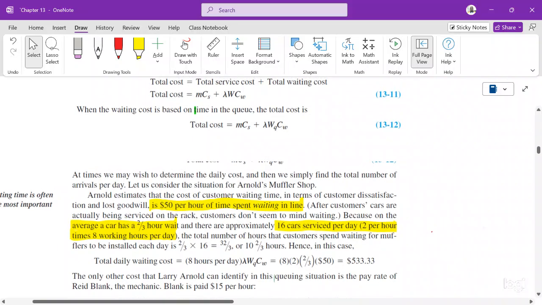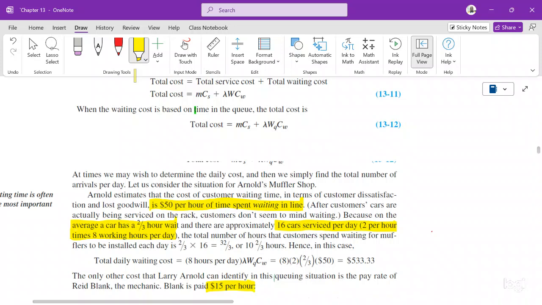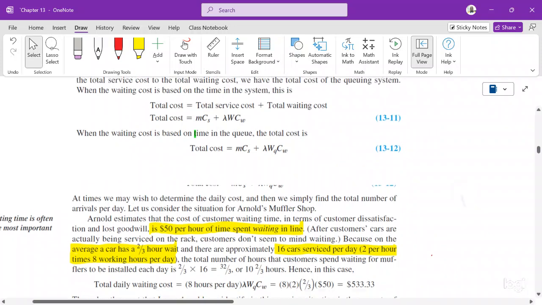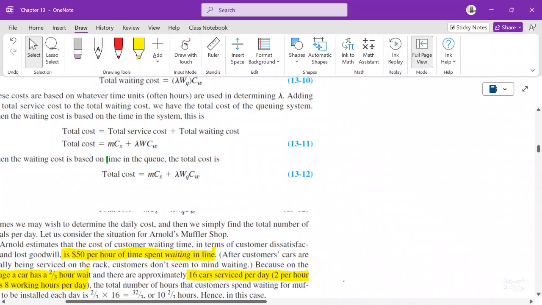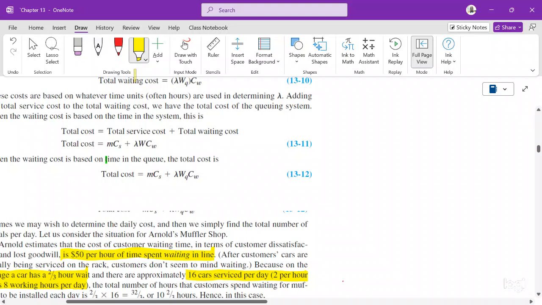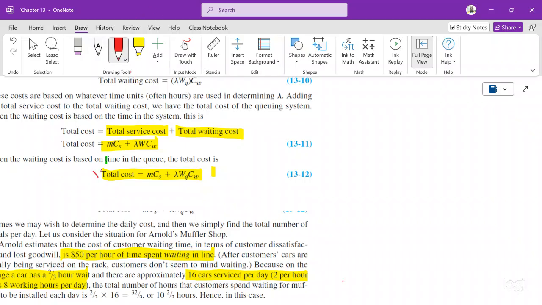There's a section here where they say this is how much the company spent on Mr. Blank, and this is how much the customer spent on Mr. Blank. Then if you go, you will see this formula: the total service cost plus the total waiting cost, and you have this as your cost. Then you also have this one when somebody is waiting in the queue. This is the formula for waiting in the queue. So we're going to consider the one for waiting in the queue.